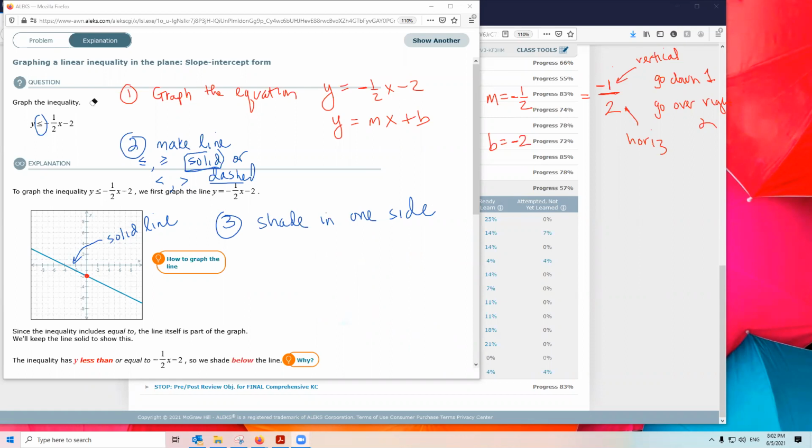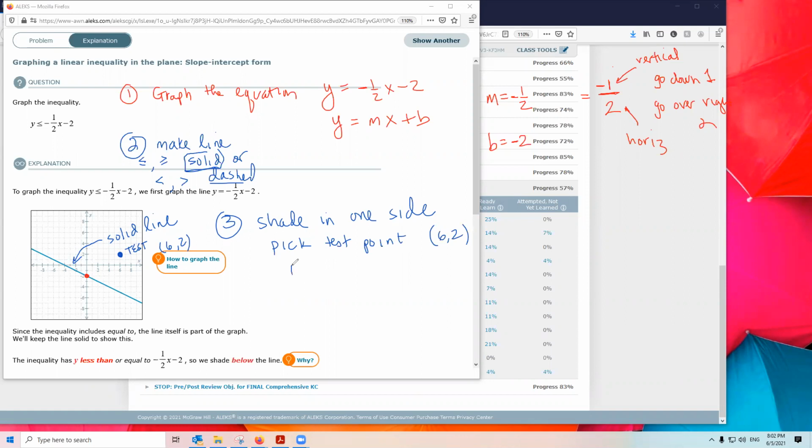You end up picking a test point anywhere you want. So I'm going to pick a test point. I'm going to pick, and this is totally up to you, I'm going to come over here and pick 6,2 as my test point. All right, so my test point is 6,2.